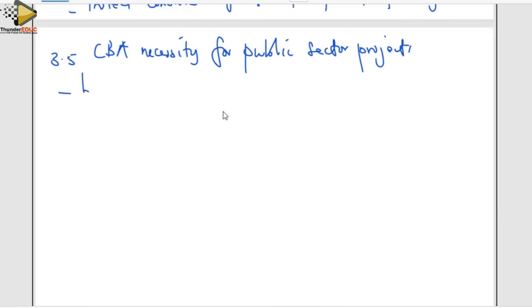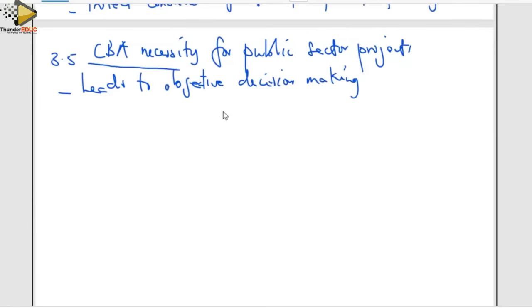Right, number one is that it leads to objective decision making, because it weighs up the cost and the benefit. So we end up having an objective decision.